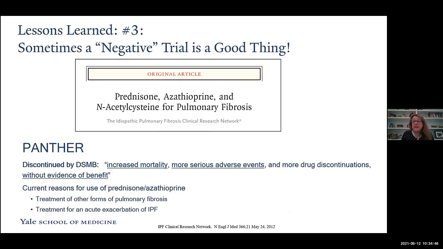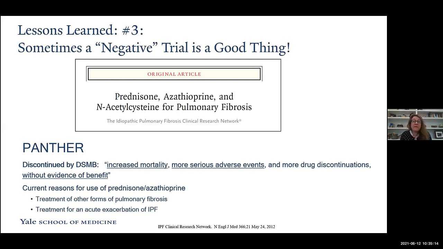However, and this is lesson number 3, sometimes a negative trial is actually a good thing. And so I want to give you some examples of why it's so important sometimes to have a negative trial. So for example, in the past, it was very common for patients with IPF to be treated with immunosuppressive medications. I mean prednisone and azathioprine in particular.